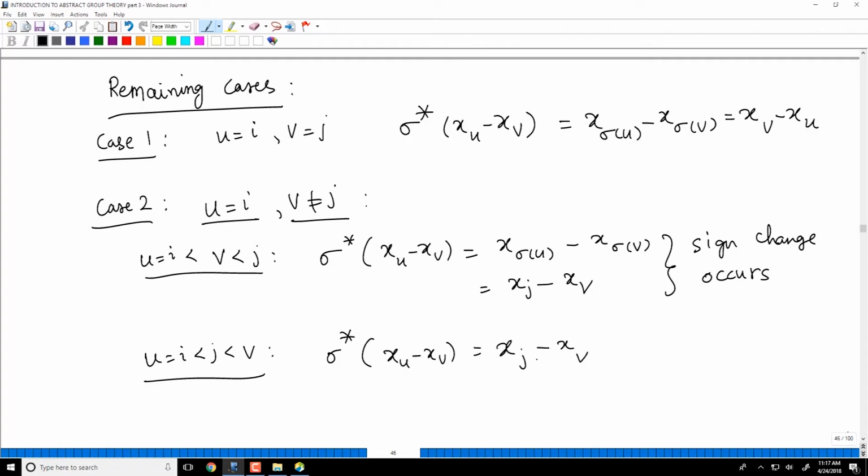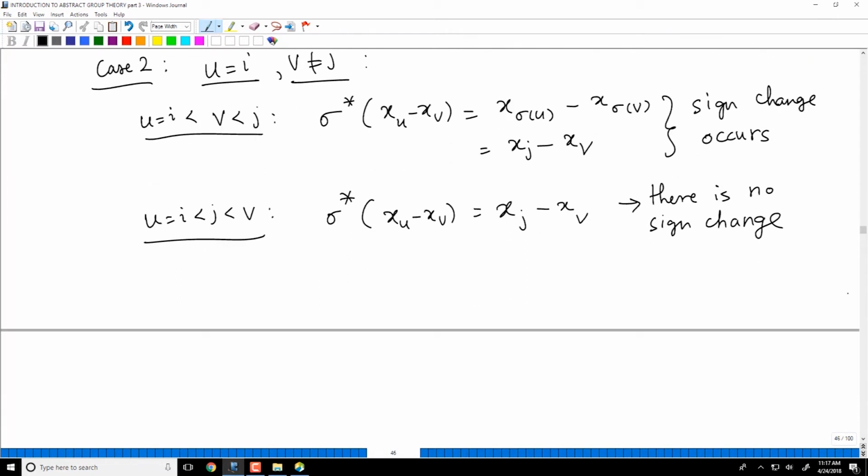But in this case, you have j strictly less than v, so here there is no sign change, because you have smaller minus bigger. Sign change only happens when you have bigger minus smaller.